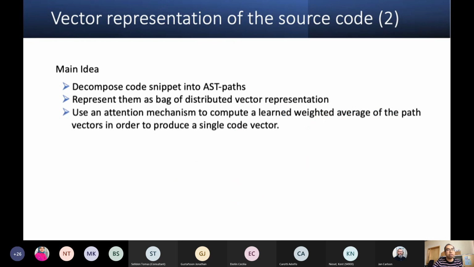Then the main idea is to decompose the code snippet into a number of AST paths from one terminal to another terminal and represent them as a bag of distributed vector representations, and finally use an attention mechanism to compute the learned weighted average of the path vectors in order to produce a single code vector.